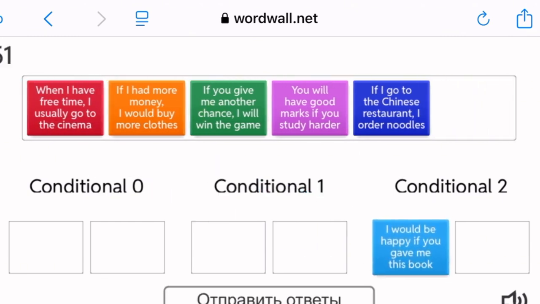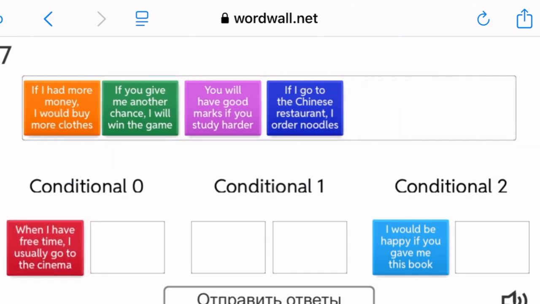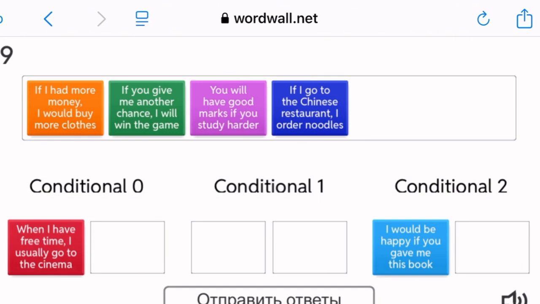The next sentence, when I have free time, I usually go to the cinema. Both parts of the sentence are in present simple, so it's the zero conditional. If I had more money, I would buy more clothes.